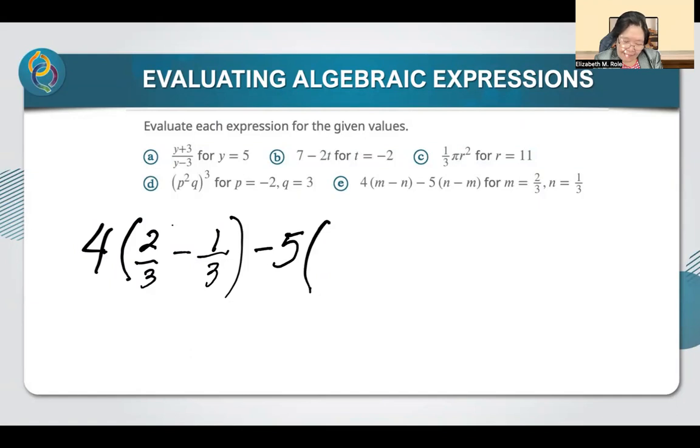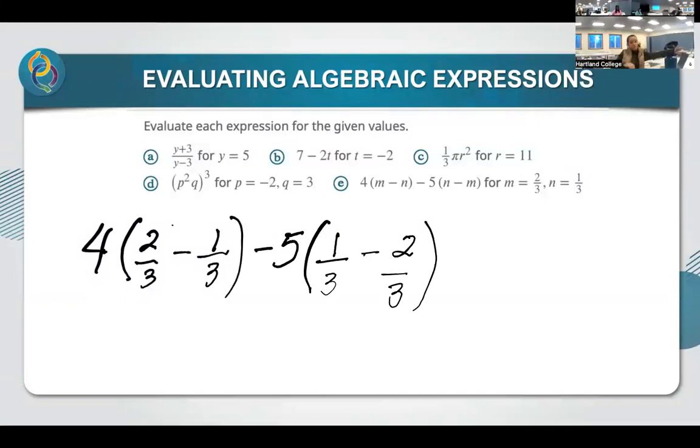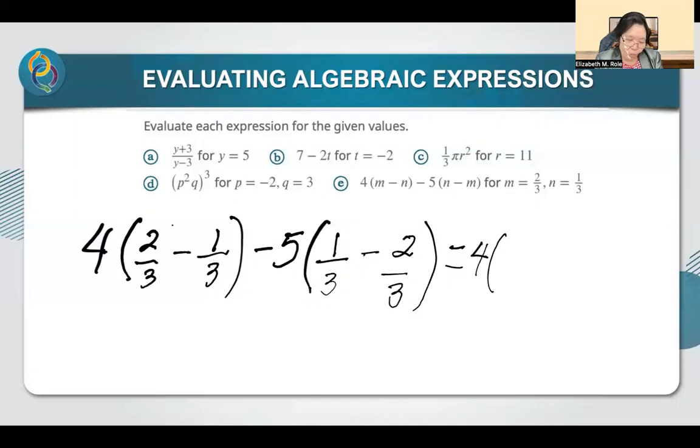Then your n is 1 over 3, your m is 2 over 3. So 2/3 minus 1/3 is 2 minus 1 because they have a common denominator. So you just have to subtract the numerators. So 2 minus 1 is 1/3.